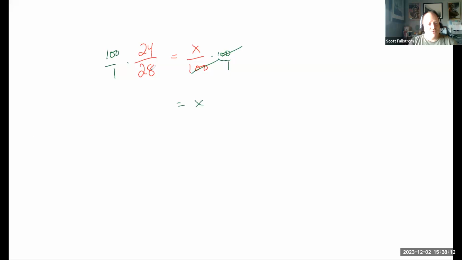And then over here on this side, 28 is 4 times 7. And 4 goes into 100 25 times. Okay. So 25 times. That's what I would do. That's me, because now I've got a smaller number to divide with, which is 7. And to me, 7 is much easier to divide with than the others.